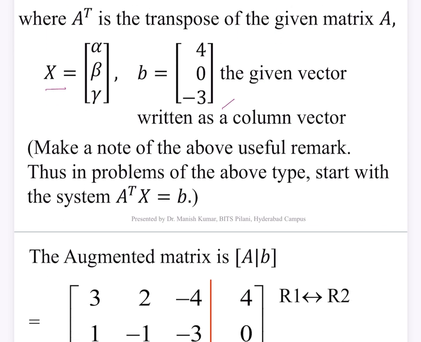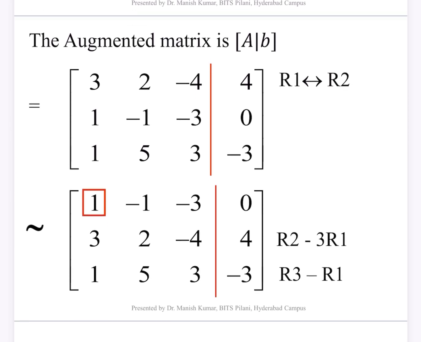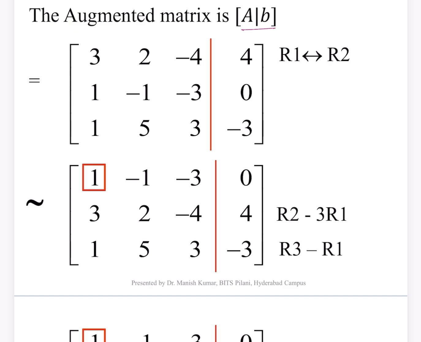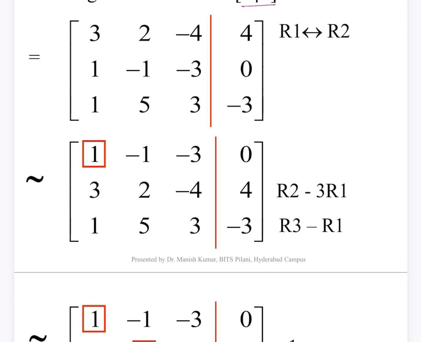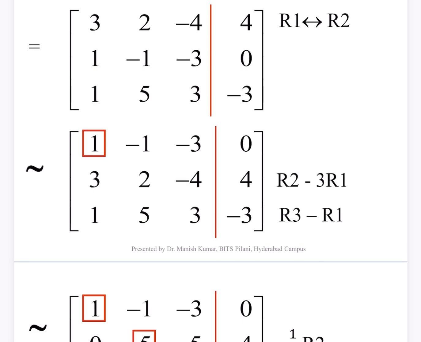Now we are going to solve the problem. So start with the augmented matrix. I'm representing it as [A | B] in the usual notation, but if you want to write it in reference to A, you can write [A transpose | B] also. That's fine. Okay. So now in this matrix, I want 1, so I will swap the first row with the second row to get the first element as 1.